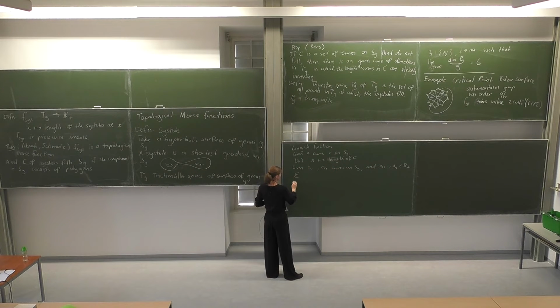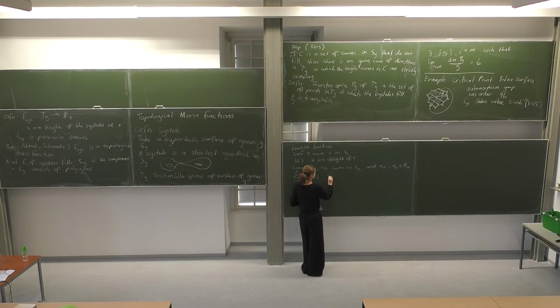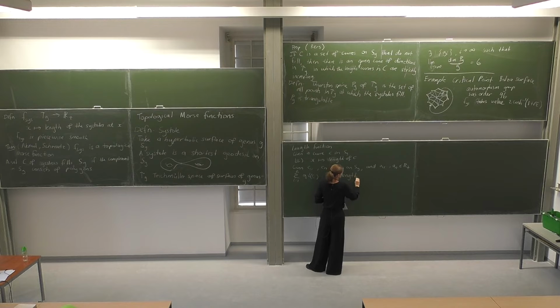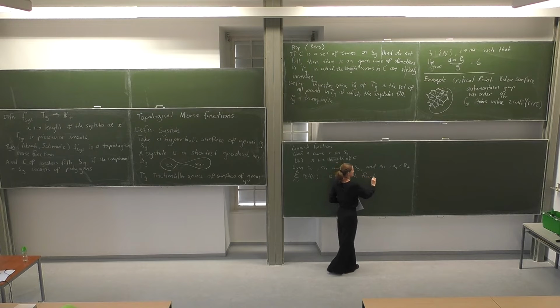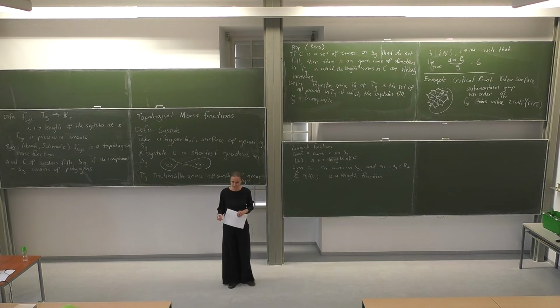You take a linear combination, sum of a_i l_{c_i}, and this is a length function. So it just generalizes the notion of the length of a curve.